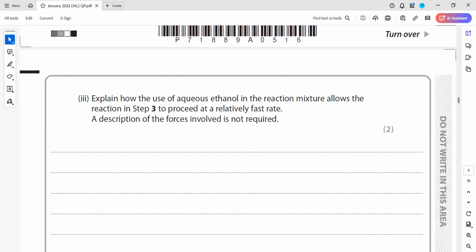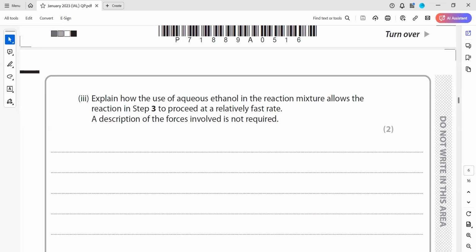Halogenoalkane can dissolve in alcohol, and aqueous sodium hydroxide and alcohol are miscible, because lower alcohols, you don't have to mention the hydrogen bonding, but ethanol can mix with water or aqueous sodium hydroxide because water is present. So as a result, both of these reagents, sodium hydroxide and 2-chloro-2-methyl propane, can react with each other.